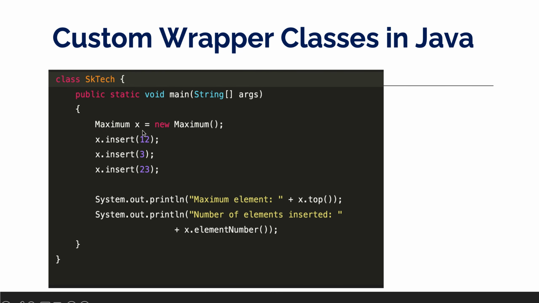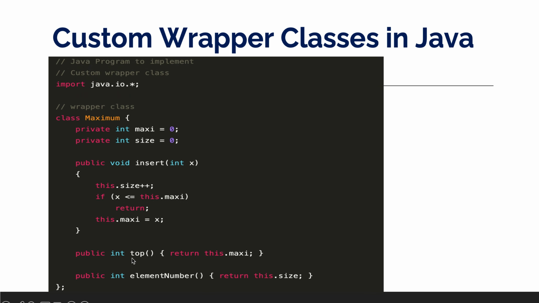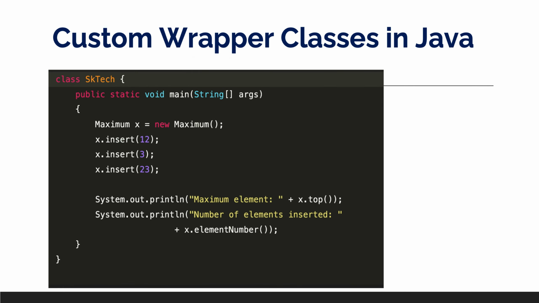Similar to that, let's say we have inserted 3 values and we want to check what is the maximum element available. Since we have already created one top method that is going to return the max value available inside this custom wrapper class, we are also going to print the number of elements inserted. Basically, we have created this class to insert a number of records, and two functionalities we have implemented, right.